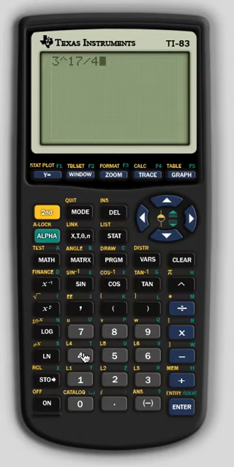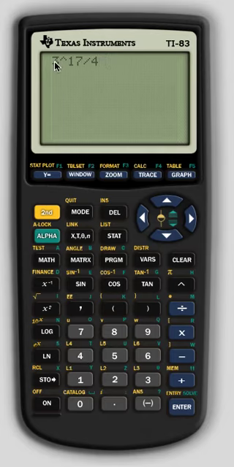Well, the calculator will work according to PEMDAS, right? Remember PEMDAS, the order of precedence of the operations. What does P stand for? Parentheses, that comes first. Then exponents. Then multiplication, division, and then finally addition, subtraction.